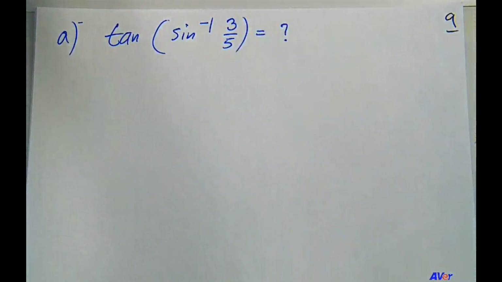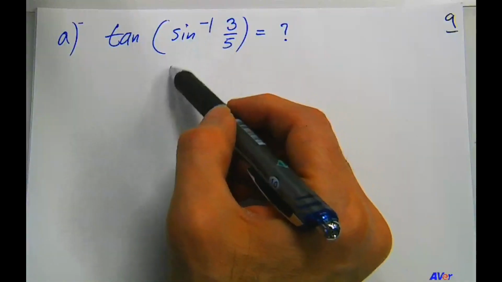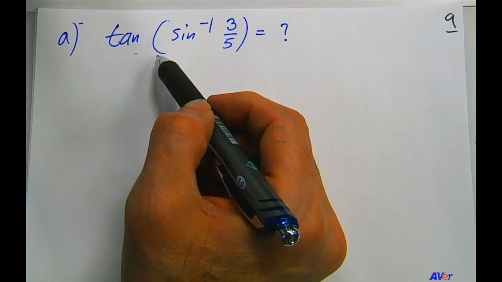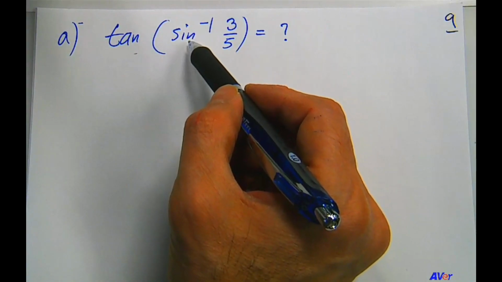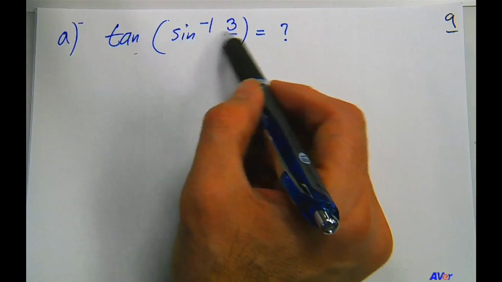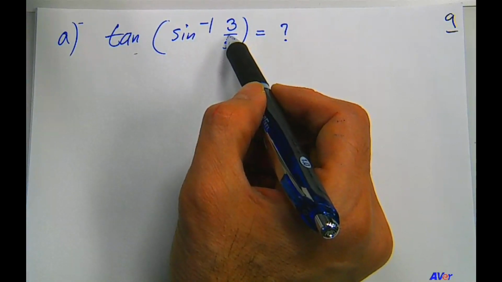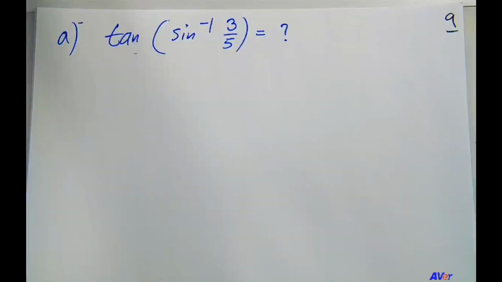Like that. So this is an inverse sine function within a tangent function, right? Now we know what every inverse trigonometric function represents, right? What does this represent? Well, if you said it represents an angle, you're absolutely right.